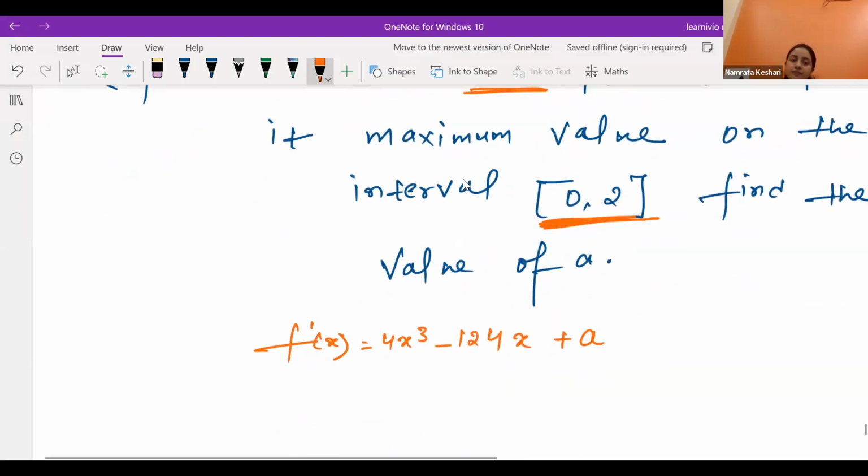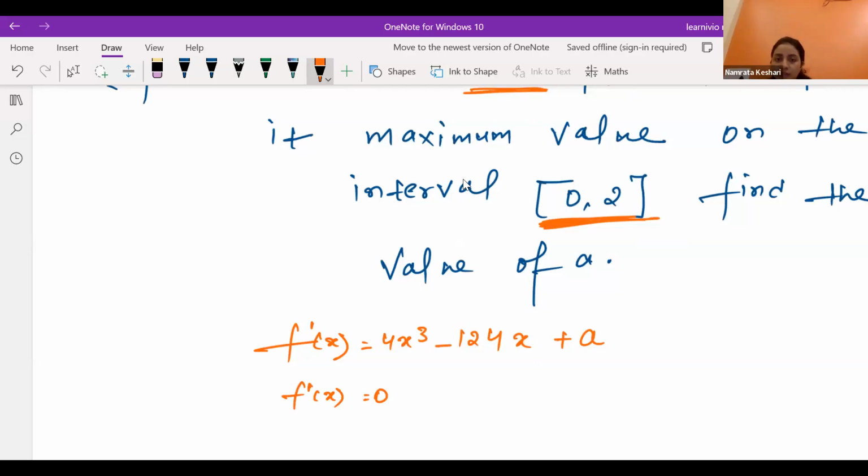Yes. Can we say that if the function is attaining the maxima at 1, maximum value at 1, then 1 must be the critical point? Can we say that? Yes.